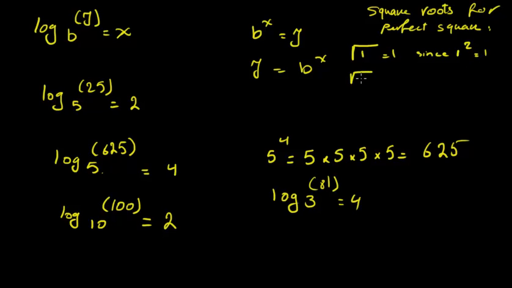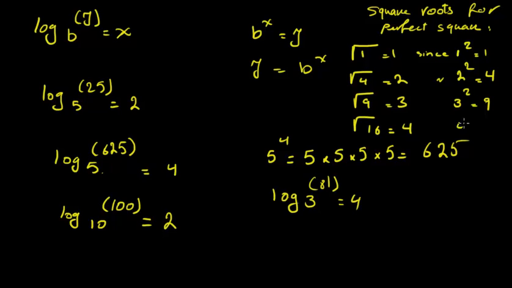Then we had radical 4 equals 2, since 2 to the second power equals 4. We had radical 9, the square root was 3, because 3 to the second power was 9. Then we had 16. The square root for that was 4. 4 to the second power, or 4 squared, was 16.